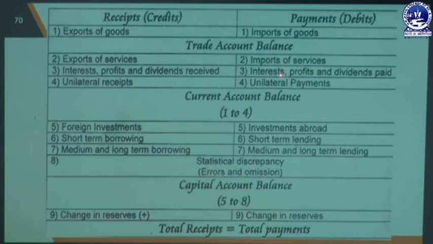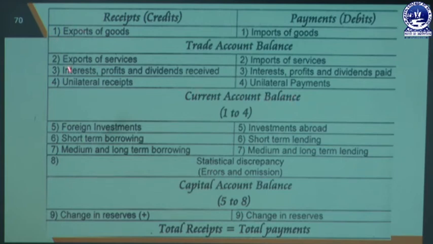These items are recorded on the debit side, or payment side, of the balance of payments. These are the receipt and payment sides, and the balancing of this statement is known as our current account balance.